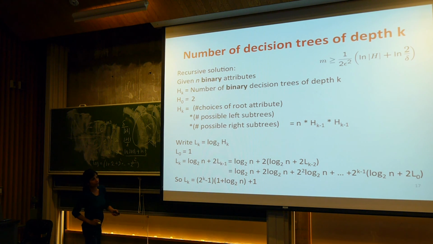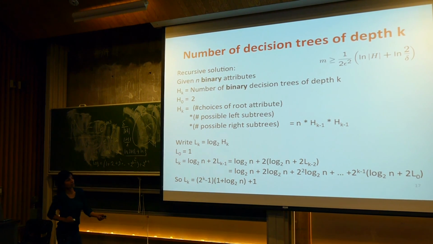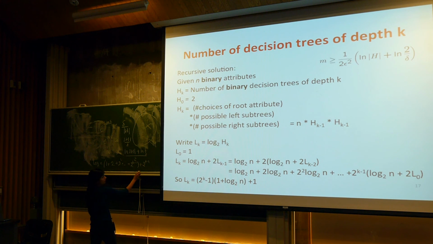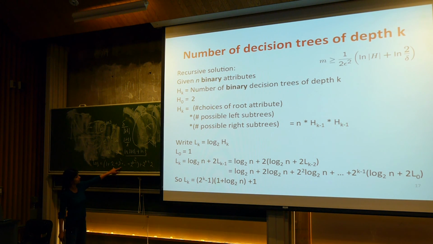And then the only term that didn't have a log is the last one, which is 2 to the k minus 1 times 2 L naught, but L naught is 1, so I can just put a times 2 there, right? Okay, so this part is just 2 to the k minus 1, right?